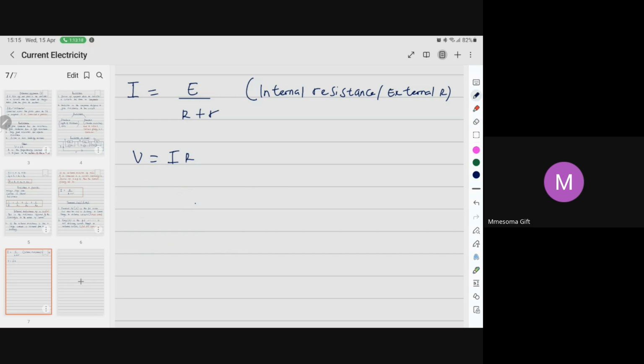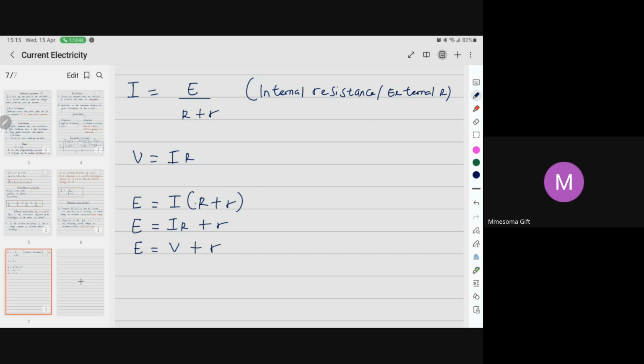Good. Now, from equation 1, I will have that E is equal to I(R plus r). Now, what else do I have here? We have that E is equal to IR plus Ir, so that E is equal to what? This is V, right?